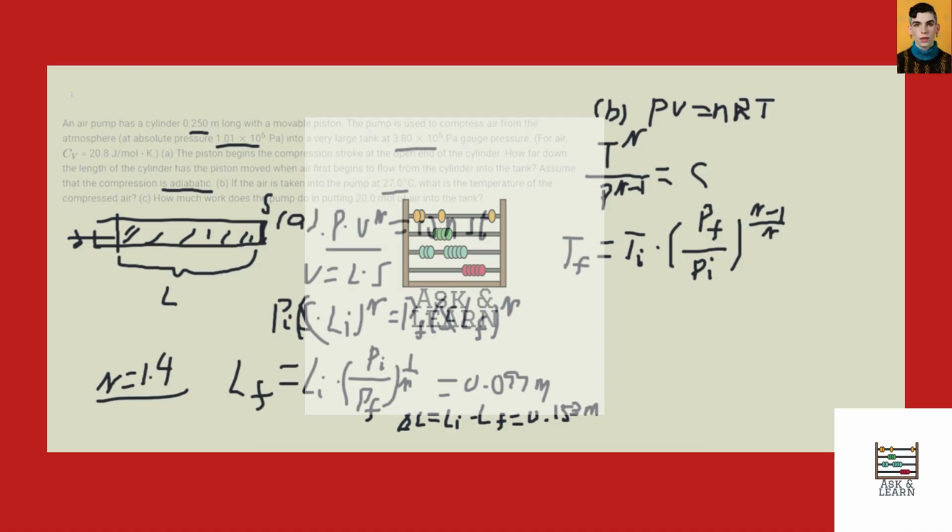Ti is 27 Celsius degrees, but here you need to convert the Celsius degrees into Kelvin. So 27 Celsius degrees equals 300 Kelvin. So the initial temperature is 300 Kelvin, and Pf is 3.8 times 10 to the 5th, and Pi is 1.01 times 10 to the 5th, and gamma is 1.4.